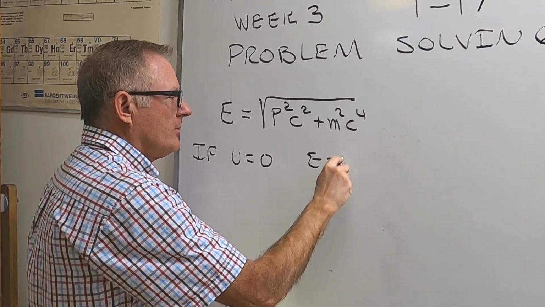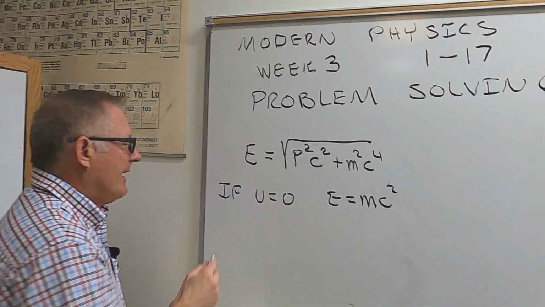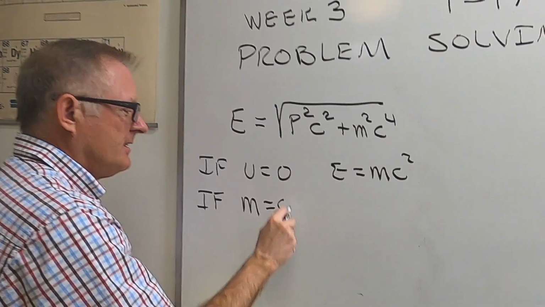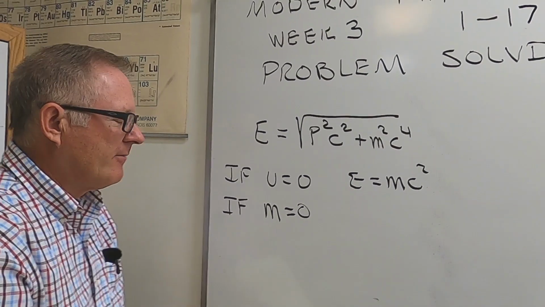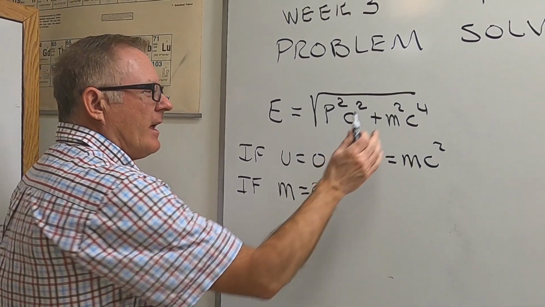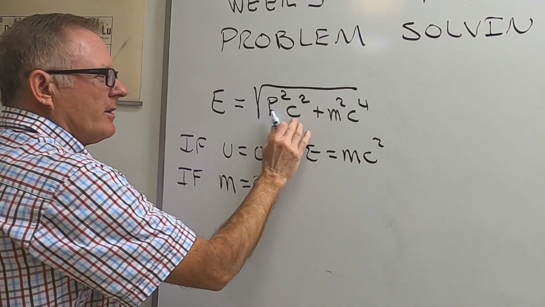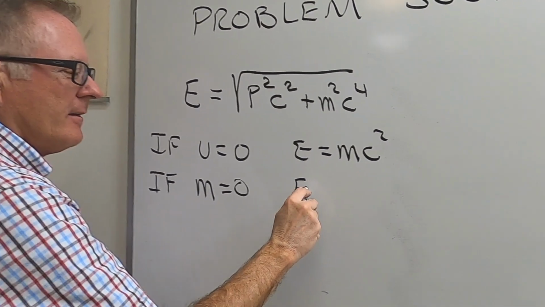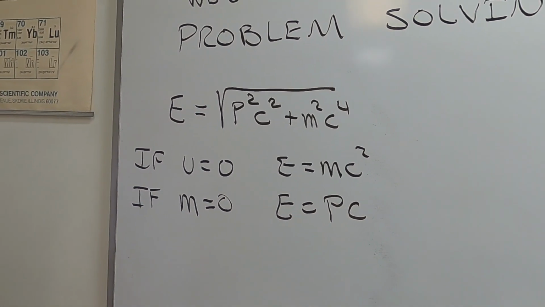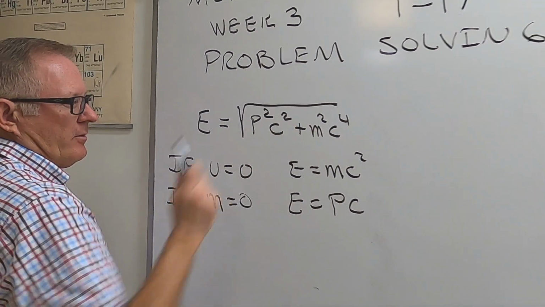E is equal to mc squared. Now, if m is equal to 0, we'll have particles that have 0 mass. And if m is equal to 0, then you just take the square root of that. That's just pc. E is equal to just pc. And if neither one is 0, then you have both.